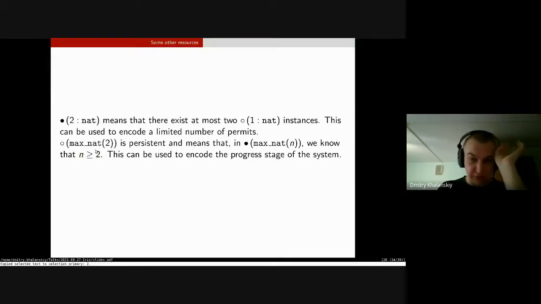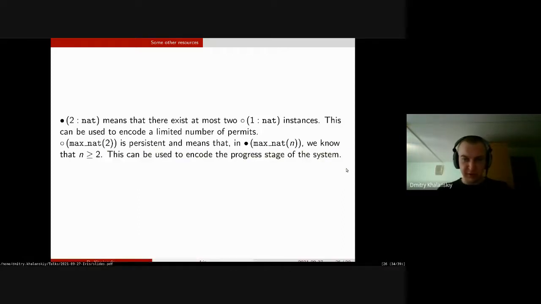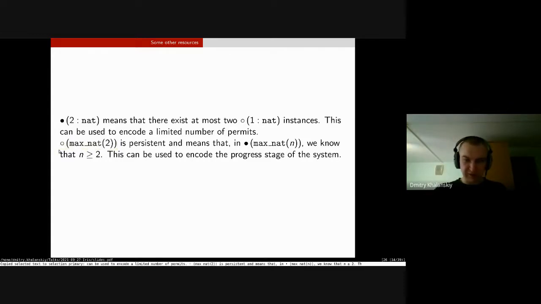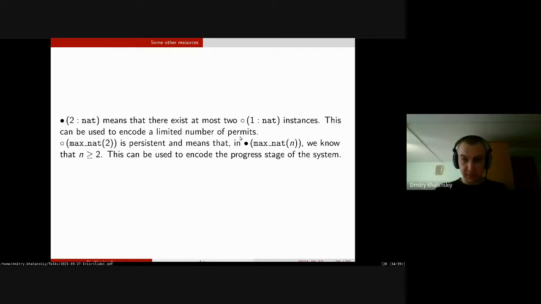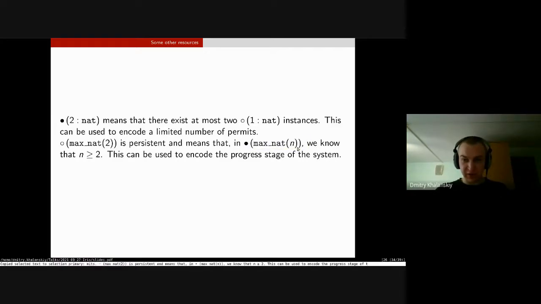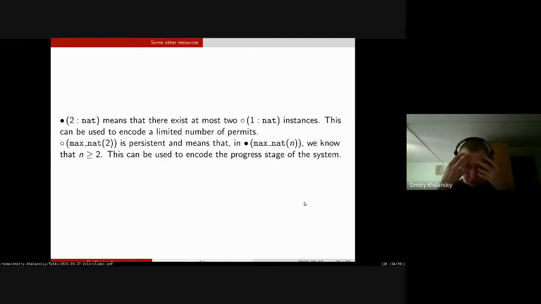It will be at least 2. This is often used to encode the progress of the system. If your system works in several stages, you can use this fragmentary piece to always know when opening the invariant that the authoritative piece will contain an n of at least 2.